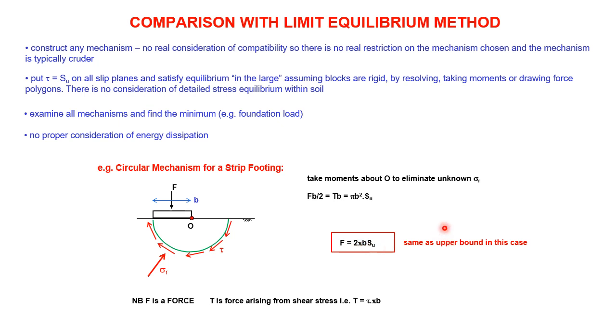It's a bit unfortunate, really, because this limit equilibrium is a positively hideous method, and the upper bound you've seen is very powerful. You could not get your 5.14 with limit equilibrium. But in that case, I hope I've shown you how with limit equilibrium you can get some sort of answer, but you're rather limited in what you can do. You've used it in slip circles for slopes and things like that.